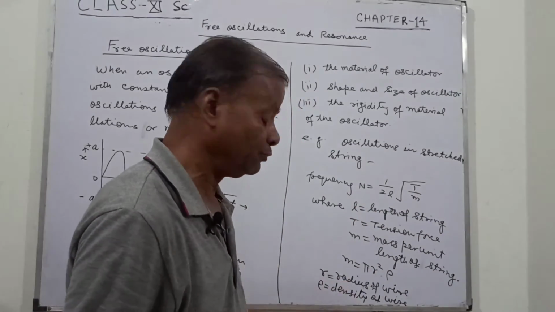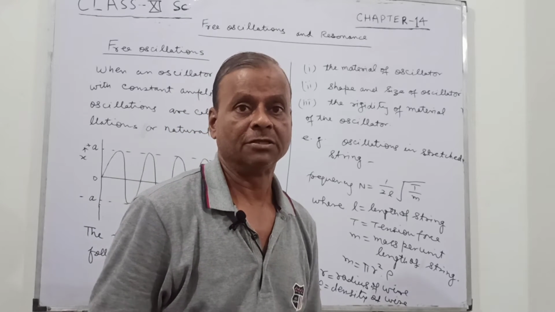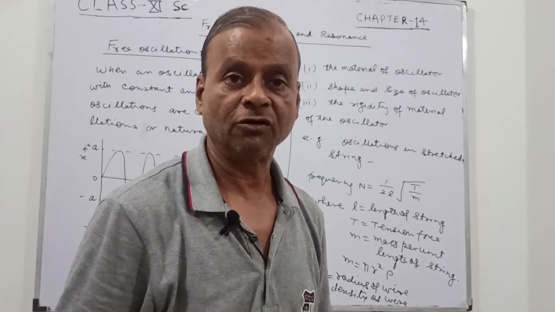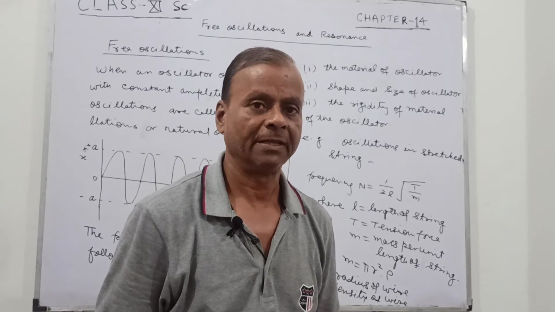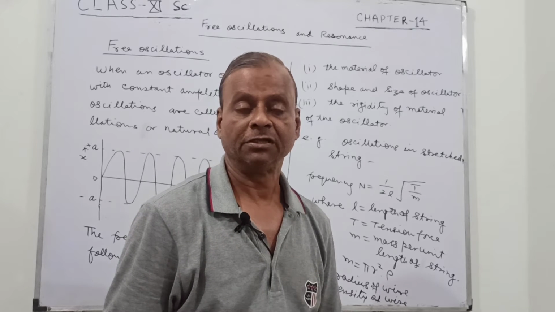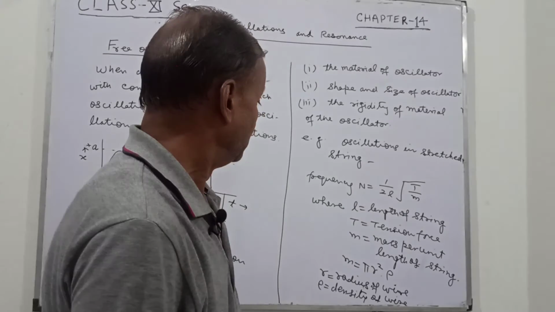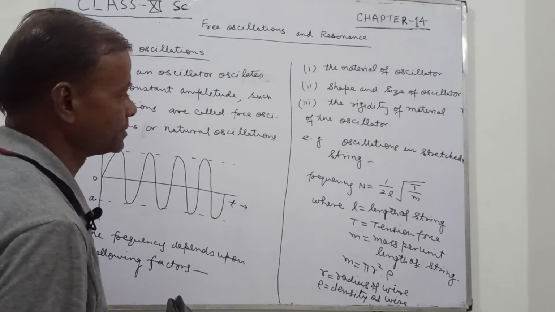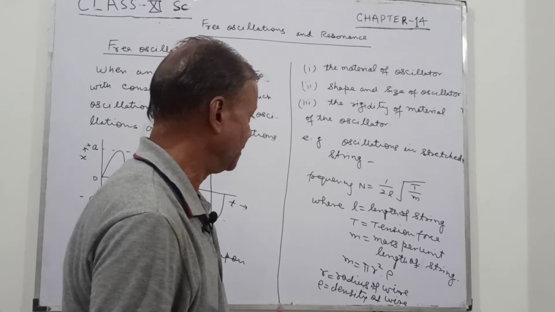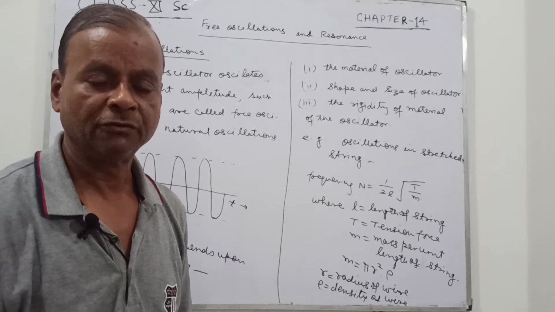To produce a melodious sound, the material of the wire must be flexible so that it could produce the vibrations. So the free oscillations always depend upon these things. This is what about the free oscillations.